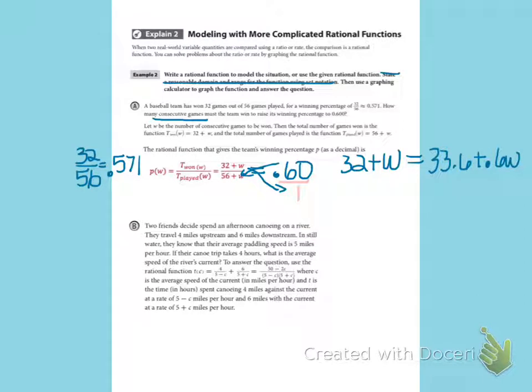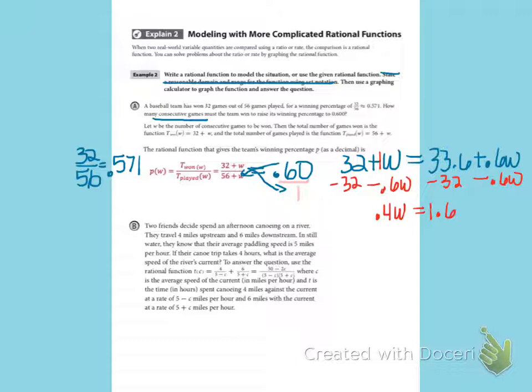Now at that point, this is really easy to solve. All we have to do is get the variables on one side, the real numbers on the other. I'm going to go ahead and subtract 0.6 W, and I'm actually subtracting 0.6 W from really 1 W over here, and so that makes 0.4 W. And then when I subtract the 32 to the other side, that's going to leave me with 1.6.